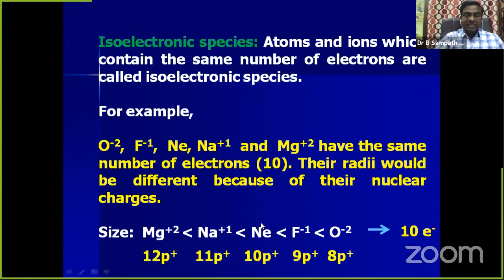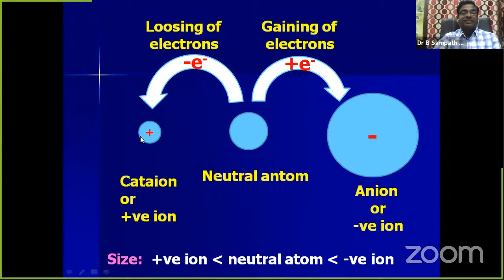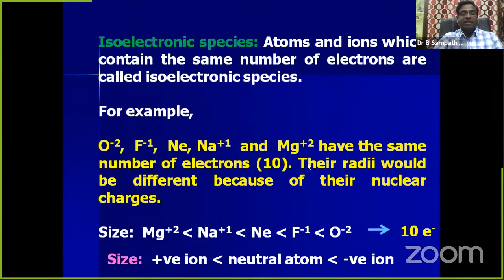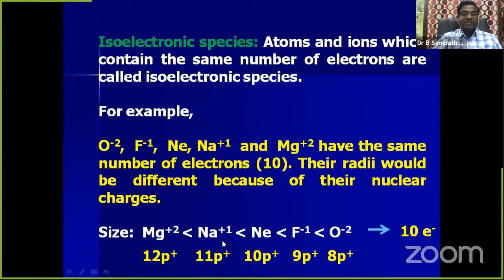So size increases from left to right, or decreases from right to left. Already we have studied that a positive ion's size is less compared to the neutral one, and the neutral atom's size is less compared to the negative ions, or anions. The same trend we have followed here. These positive species have less size compared to the neutral one, which is also having less size compared to the negative species.